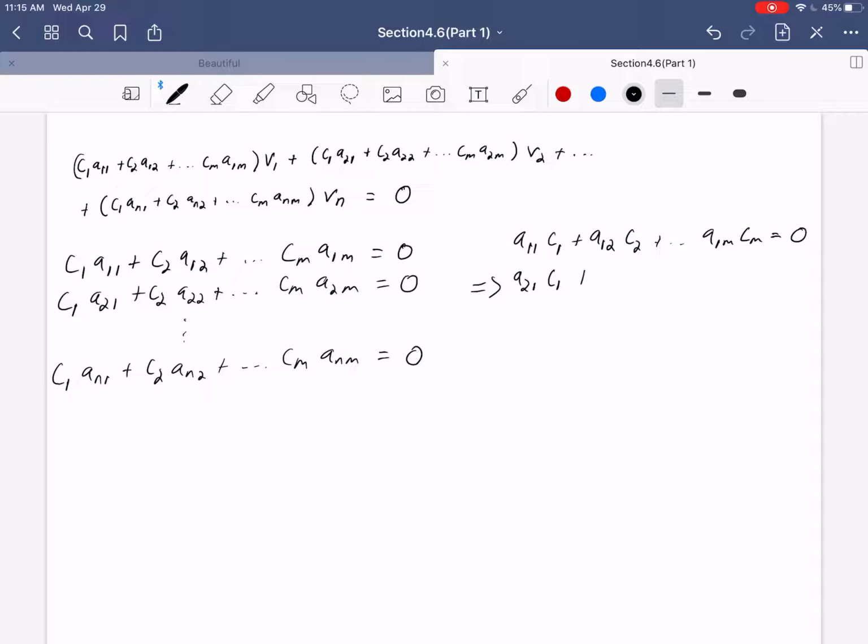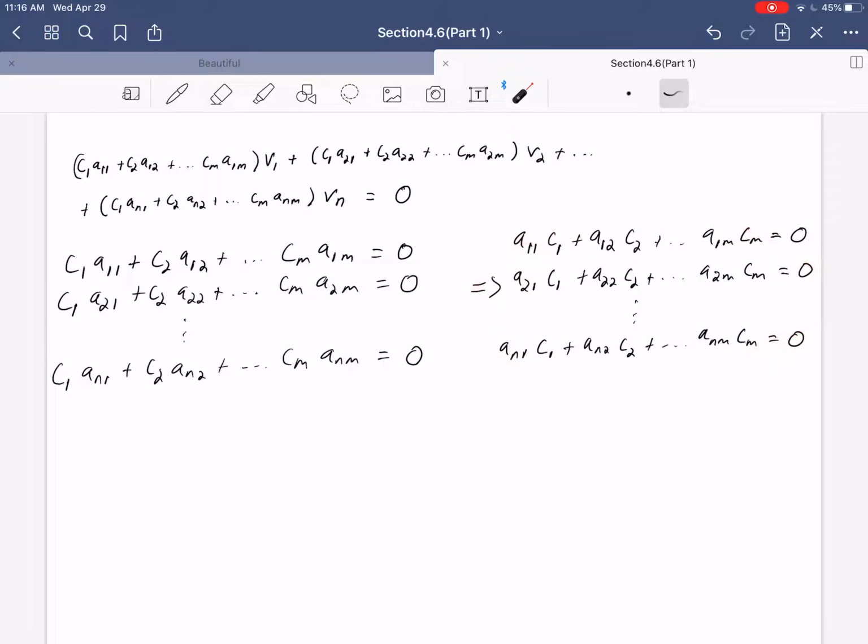A21 C1 plus A22 C2 plus dot dot dot A2M CM equals 0. All the way down to AN1 C1 plus AN2 C2 plus dot dot dot ANM CM equals 0. Okay.